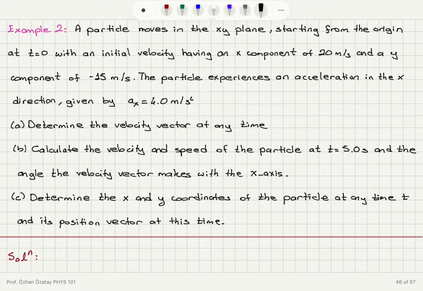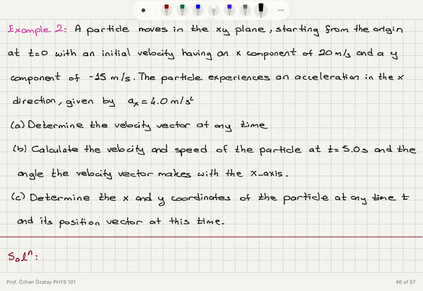The particle experiences an acceleration in the x direction given by 4.0 meters per second squared. Determine the velocity vector at any time, calculate the velocity and speed of the particle at t equals 5 seconds, and the angle the velocity vector makes with the x-axis, determine the x and y coordinates of the particle at any time t and its position vector at this time.